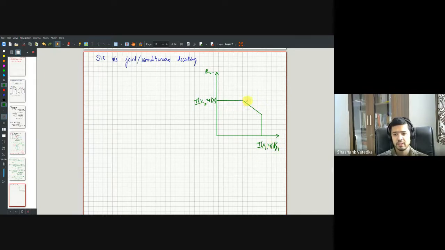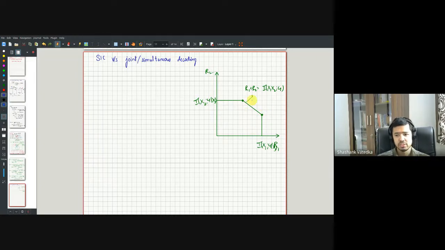And this line corresponds to the rate pair R1 plus R2 equal to I of x1, x2, y. The way we proved achievability was that you prove that the corner points are achievable. In particular, we showed that this corner point is achievable, and using a very similar argument, you can show that this corner point is also achievable.